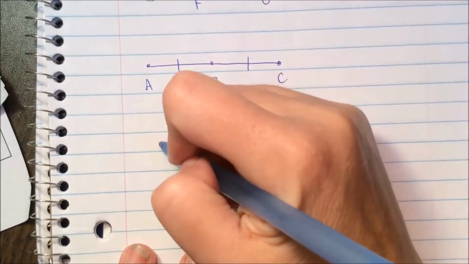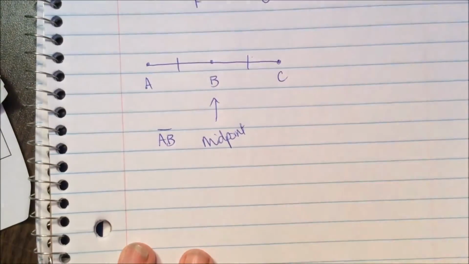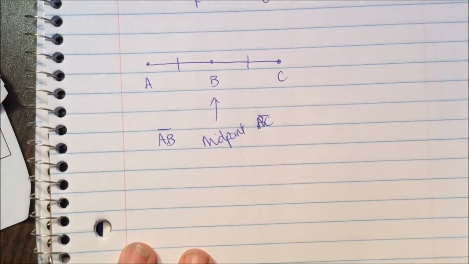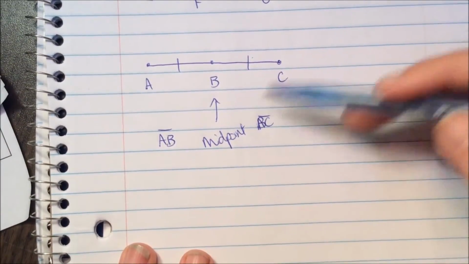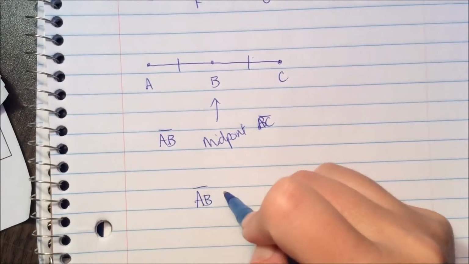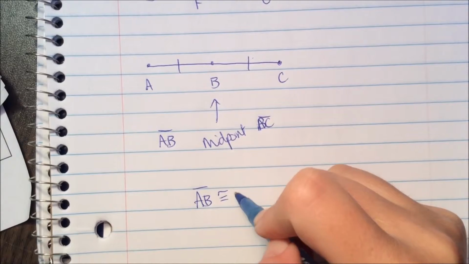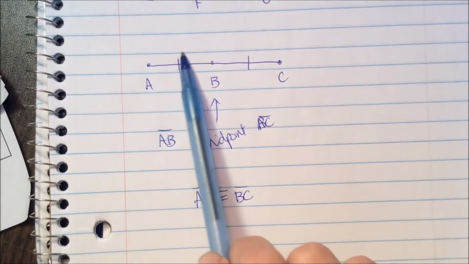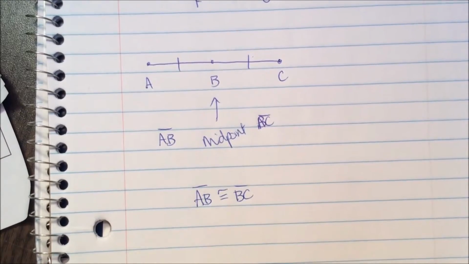For example, line segment AB and line segment BC are congruent. So line segment AB is congruent to line segment BC. That's what that marking means.